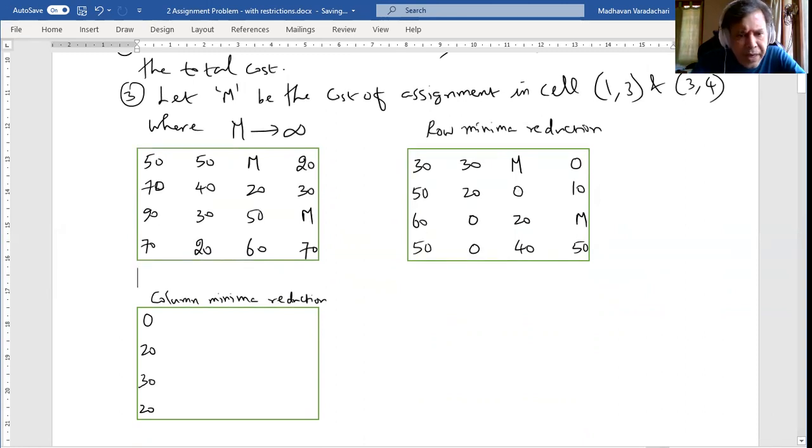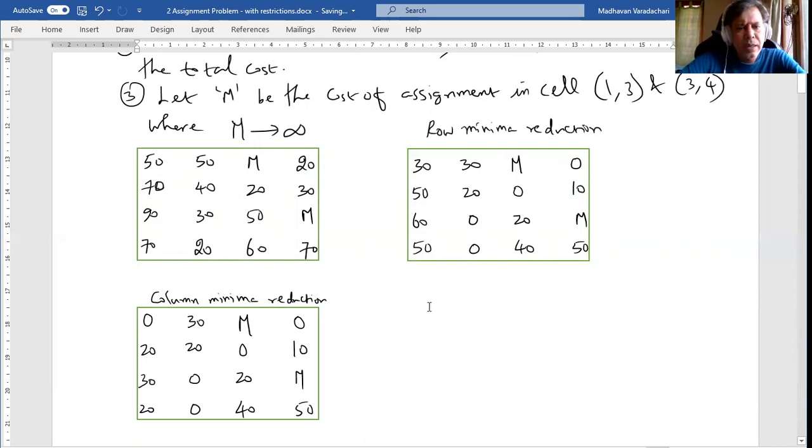The other columns I will write as they are: 30, 20, 0, 0. Here it will be M, 0, 20, 40. And then 0, 10, M, 50.